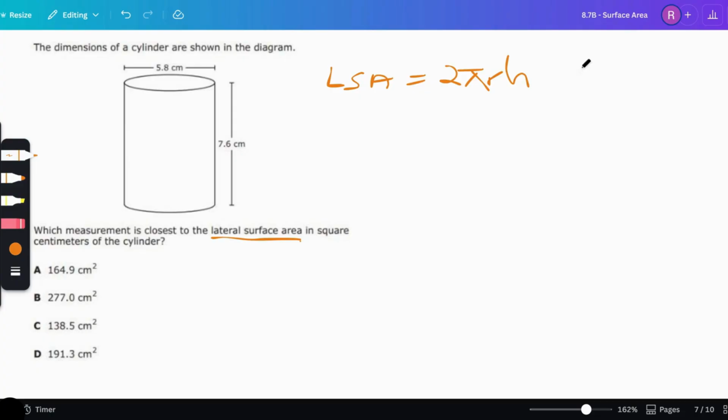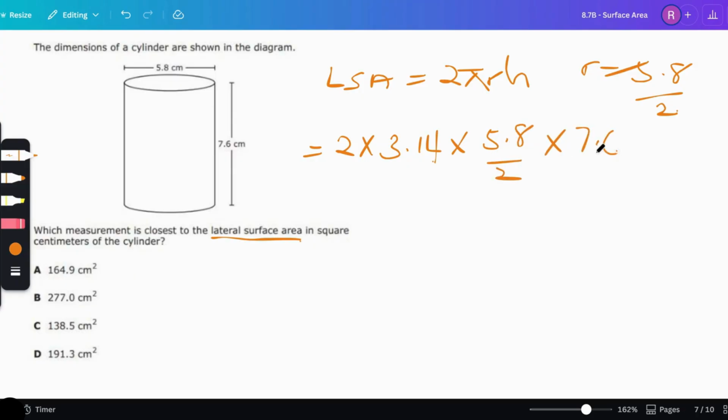So if the diameter is 5.8, that means the radius will be 5.8 over 2. So now let's put this in the formula: 2 times pi, that's 3.14, times 5.8 over 2, and then times 7.6, which is the height. When you calculate this, you will get 138.41, and this is the measurement that is closest to it.